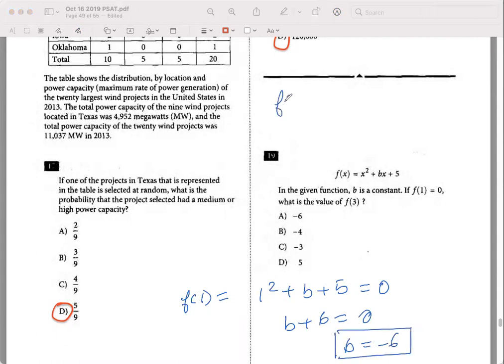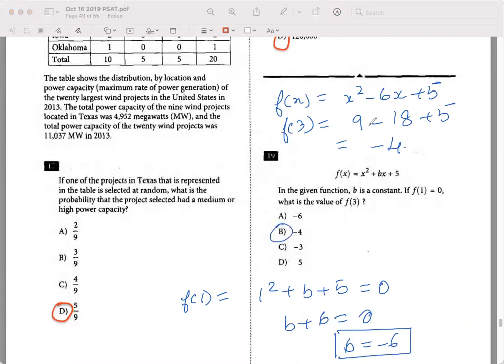So my function is f(x) equals x squared minus 6x plus 5. So what is f(3)? f(3) would be 3 squared, 9, minus 6 into 3, 18, plus 5. 9 and 5 is 14, minus 18 is negative 4. So my answer is option B.